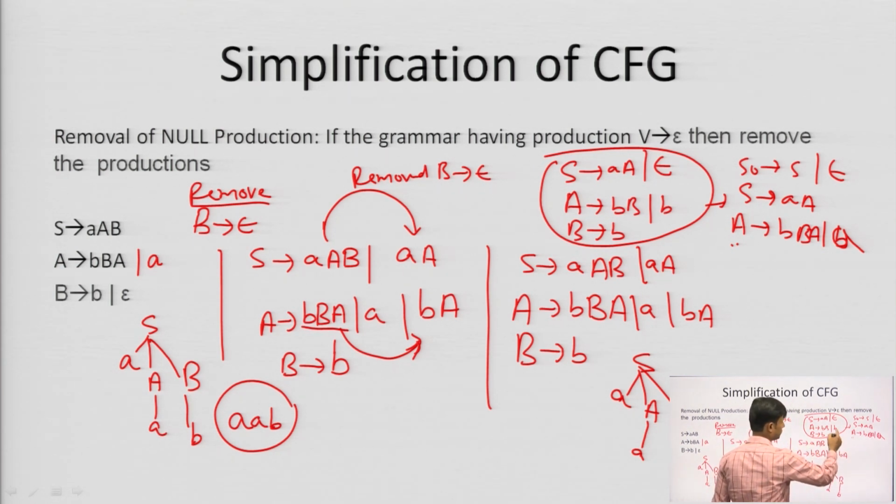This is S0 to A epsilon, which grammar we take, one grammar from there which derives epsilon. Okay, this grammar we have to convert.